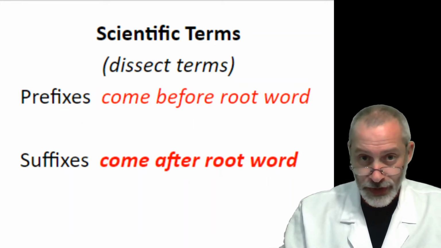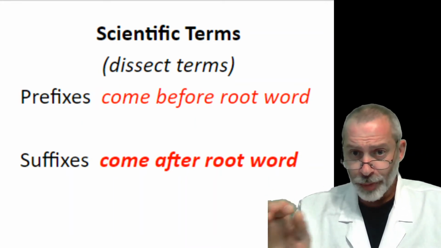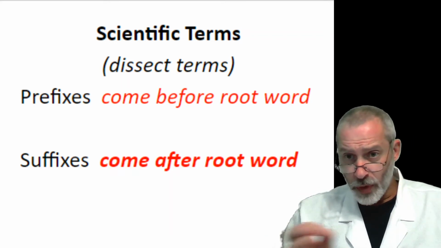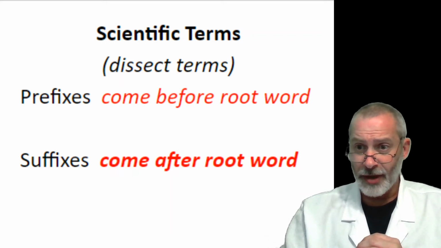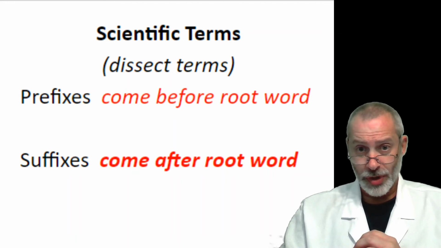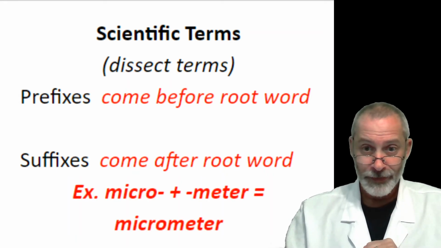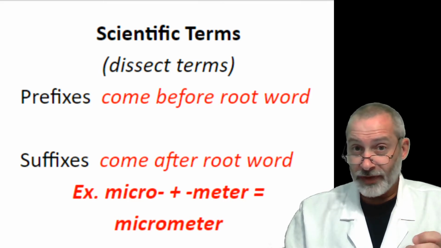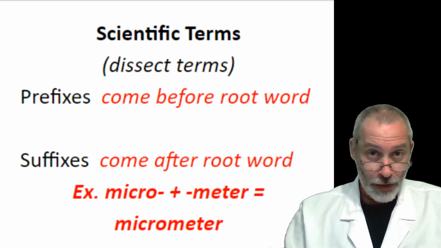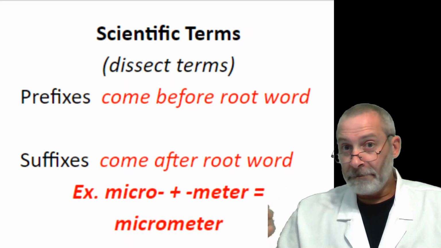All right, let's continue. So prefixes come before a root word, suffixes come after a root word. So in science, let's think of an example. Let's take the prefix micro and the suffix meter.